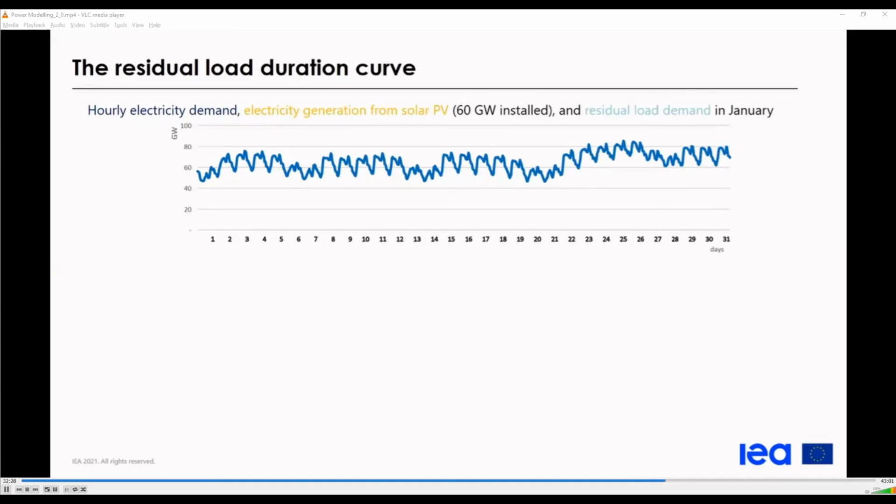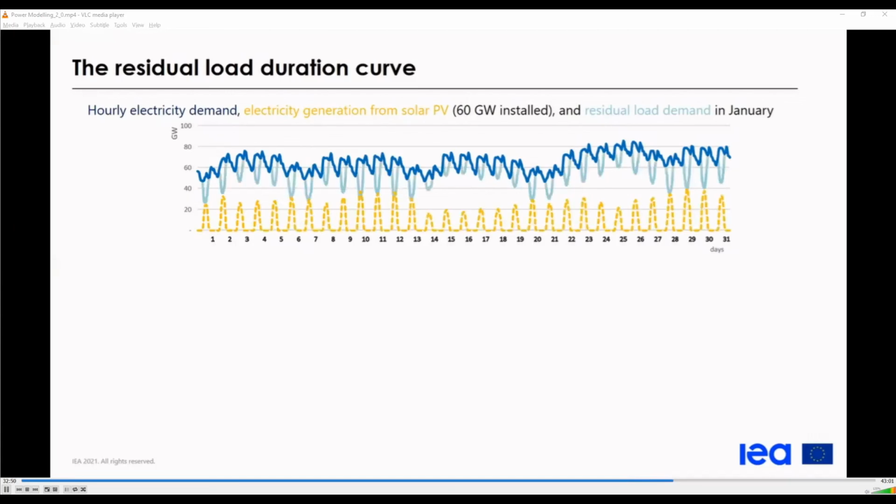We take the hourly electricity demand, so here over the month of January, and then we would need to subtract the generation of the variable renewable energy sources. Here, this is solar PV. And the result is the light blue curve, the residual demand.